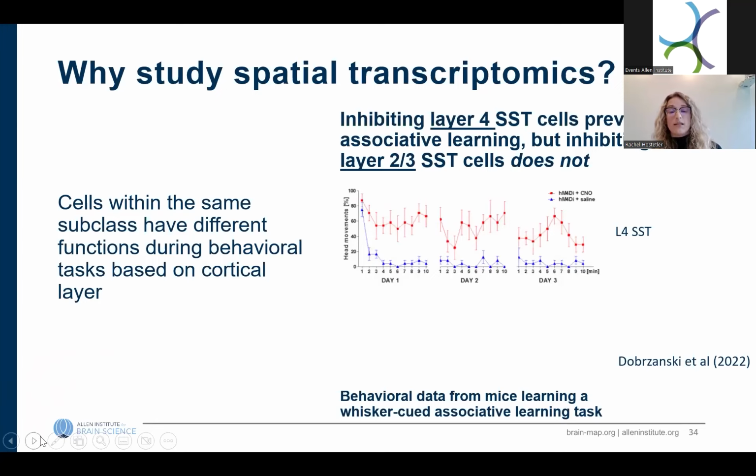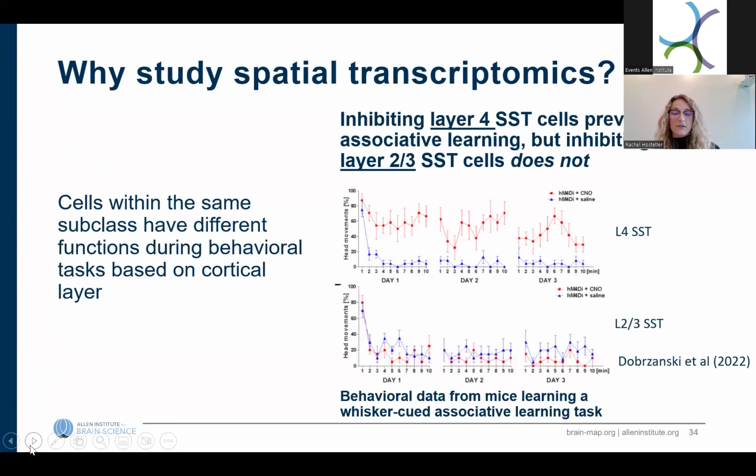And specifically, when these layer 4 SST cells were inhibited, the mice were no longer able to learn this task. The experiments were also repeated looking at cells in layers 2, 3. And in this next set of experiments, it turns out when you inhibit layer 2, 3 cells, it doesn't affect the experiment. Mice are still able to learn this task.